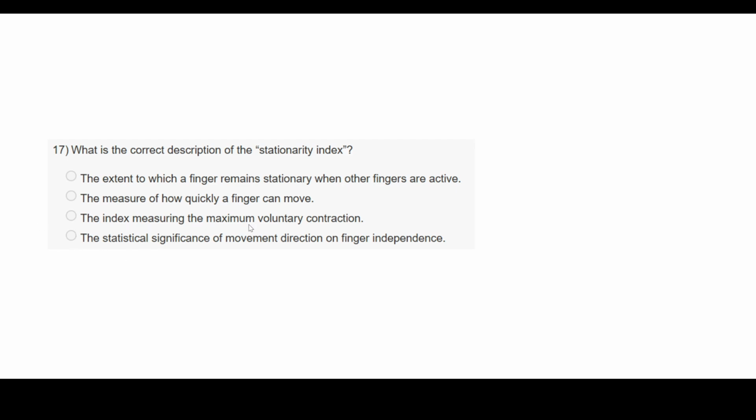The index measuring maximum voluntary contraction. The statistical significance of the movement direction. Independence. The answer is the extent to which a finger remains stationary when the other fingers are active.